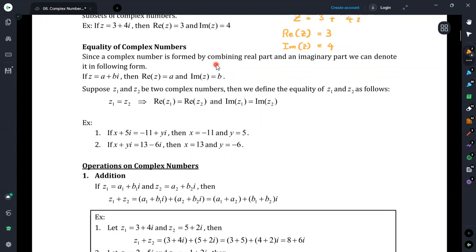Suppose you consider the form Z equals A plus BI, the real part of this complex number is given as A and the imaginary part of this complex number is given as B.